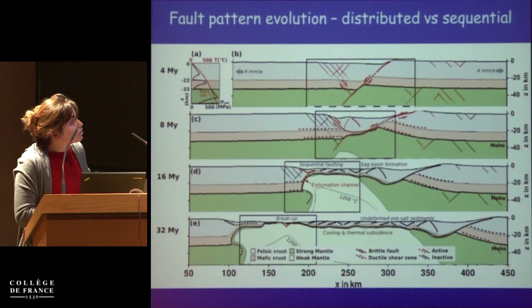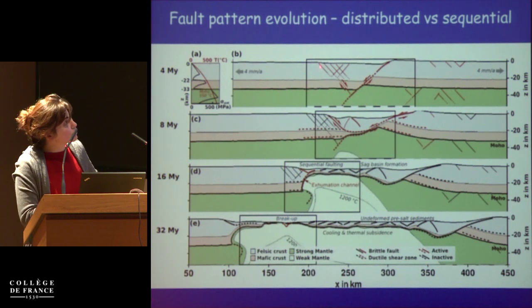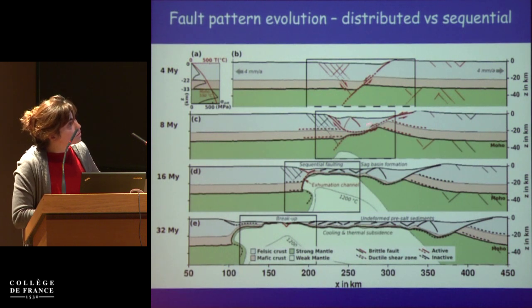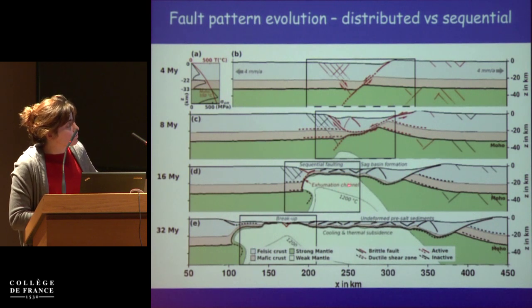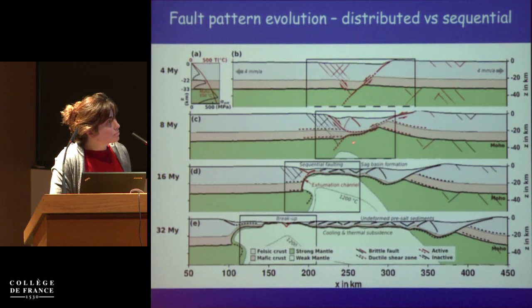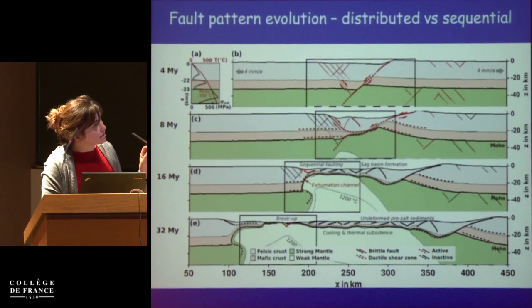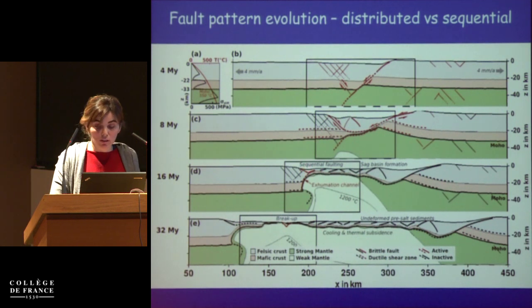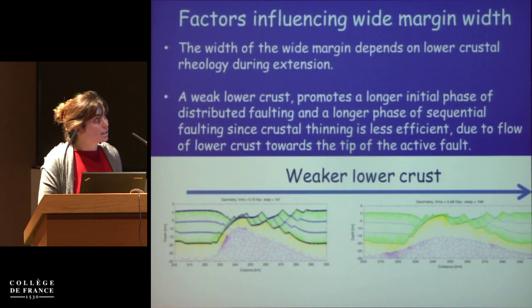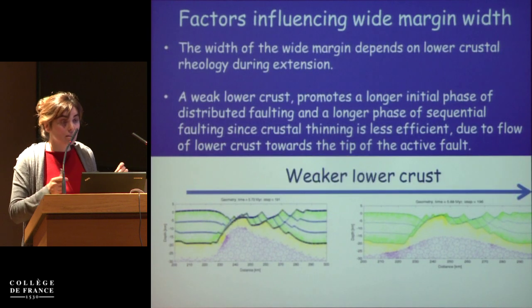So the fault pattern evolution looks like this. Red faults are active, so we have distributed faulting going into sequential faulting. As sequential faulting starts, the earlier faults become abandoned and form sag basins, as those observed in the South Atlantic, and finally we go to breakup. Now, the transition from sequential faulting towards distributed faulting depends on the ability of the lower crust to flow.